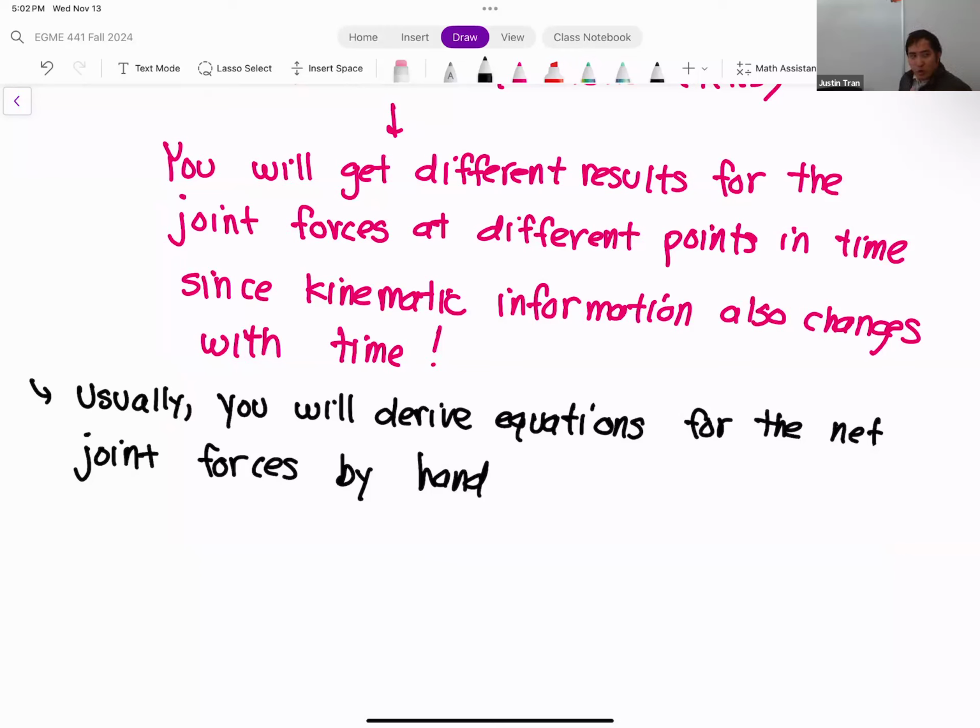So you want to derive these expressions for the net joint forces by hand, okay? Then you're going to input these equations into some kind of code usually. So usually using MATLAB. MATLAB is usually a good software for handling data.